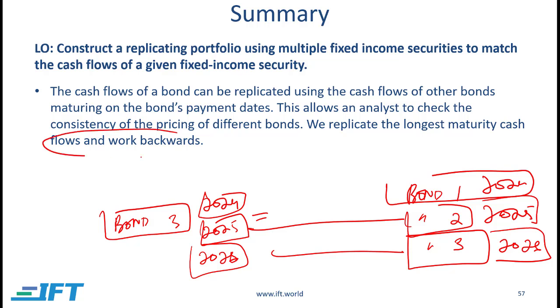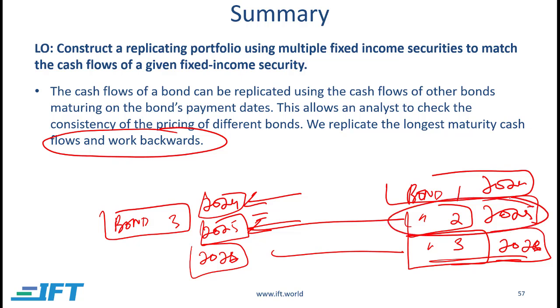So that's what we're saying over here, that we work backwards starting with the latest, as in the one which is going to mature the last. And it's a hassle, right? If you use strips, it's much easier to do, because when you buy this last bond, it's going to give you some coupon in the second year and it's going to give you some coupon in the first year as well. So you'll have to adjust that and then see how much of the second bond you want to buy.